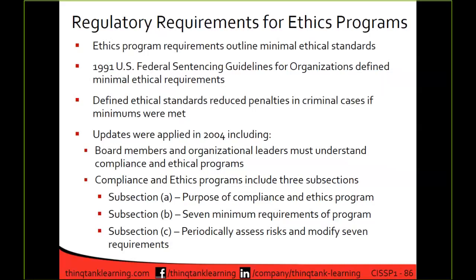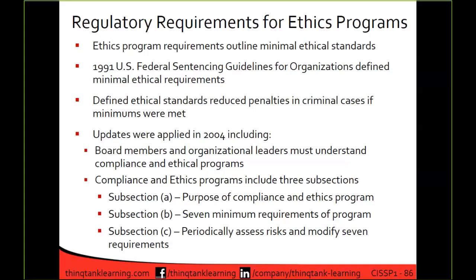This is where we start to get into the concept of due diligence and due care. Ethical standards reduce the penalties in criminal cases if those particular minimums were met. In other words, if you were providing due diligence and a breach occurred, you would be less likely to be prosecuted than if you were not providing due diligence or due care.